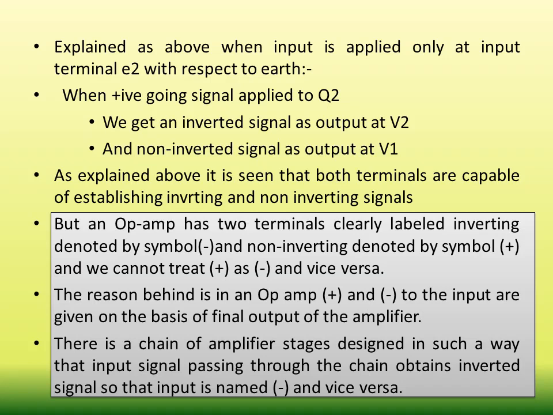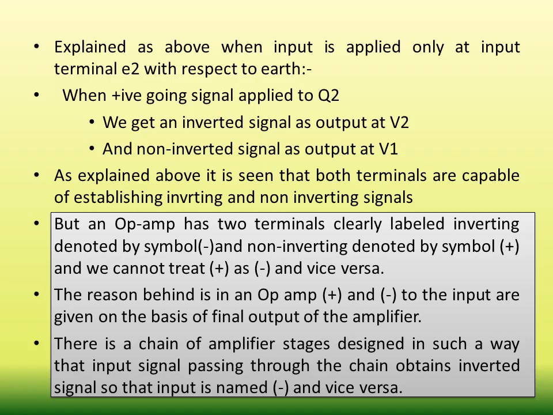This should not be confused with an op-amp, which has two clearly fixed terminals, the inverting input and the non-inverting input. In an op-amp, the two terminals are clearly labeled, inverting denoted by the symbol minus and non-inverting denoted by the symbol plus. We cannot treat plus as minus and vice versa.